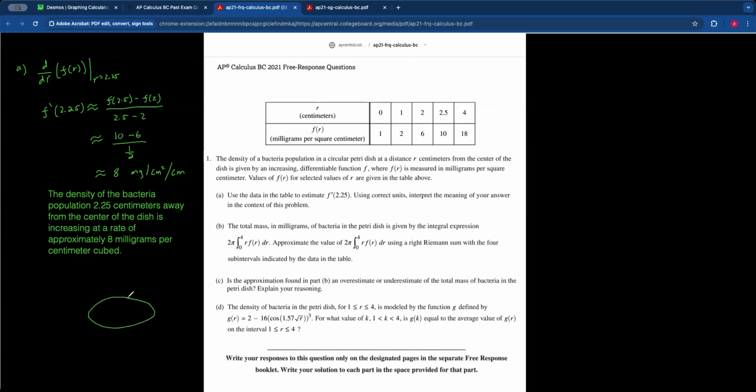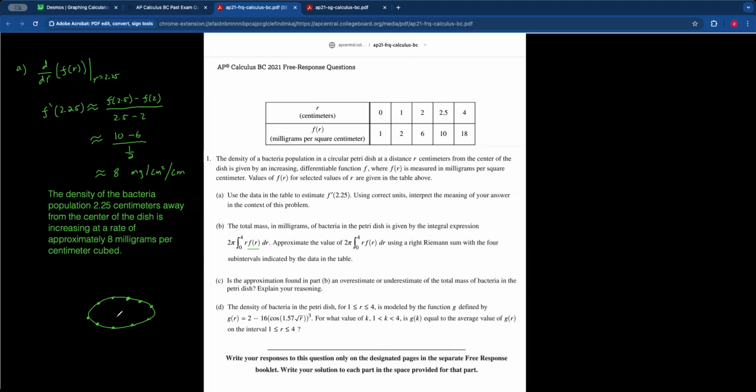And then there is a certain amount of bacteria on this ring. Just like how I drew in the picture earlier, the density around this circle is going to be the same. They're all dependent upon how far it is from the center. That's why we have a function f.